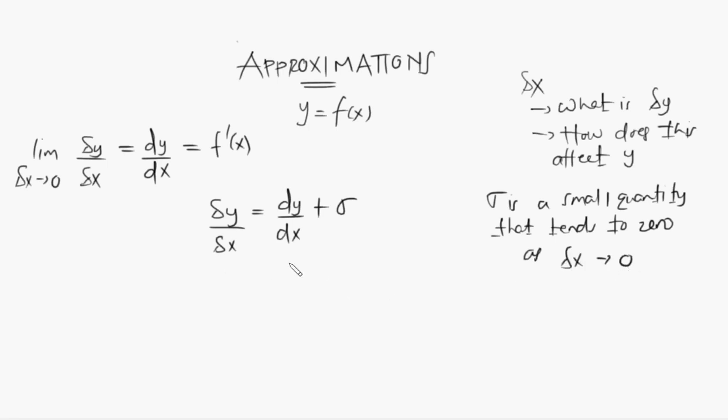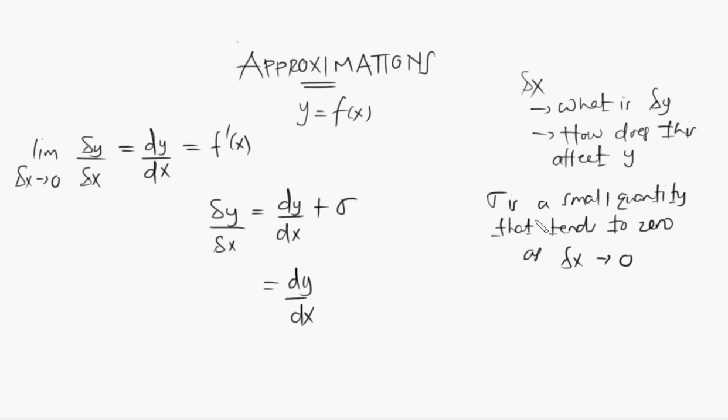Sasa utaniambia why. Okay, how? Let's just prove this. As sigma tends to 0, manake dy dx jumlisha sigma, jibu ni sawa na dy dx. Yani kwa sababu ukichukua namba yoyote ukajumlisha na namba ndogo sana inayokaribiana na 0, bila shaka unapata namba hiyo. Sasa sigma imeapproach 0, nimechukua huyu jumlisha huyu, nimepata dy dx.